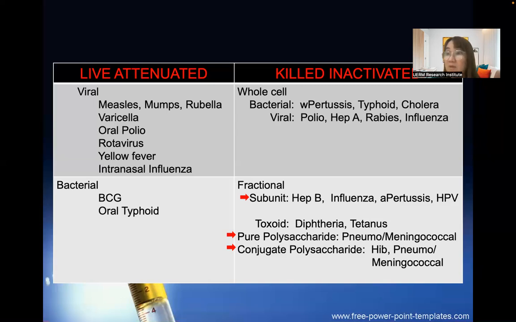This linkage makes the polysaccharide a much more potent vaccine, which is why polysaccharide conjugate vaccines are much more widely used. Haemophilus influenzae type B vaccine is an example.